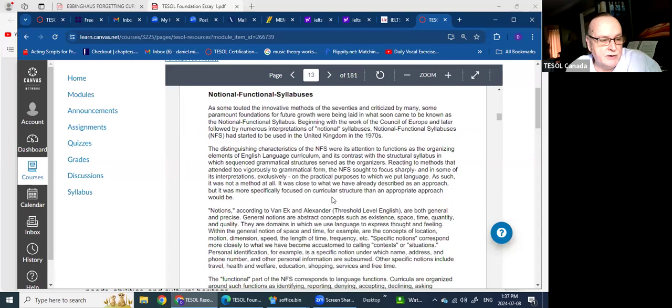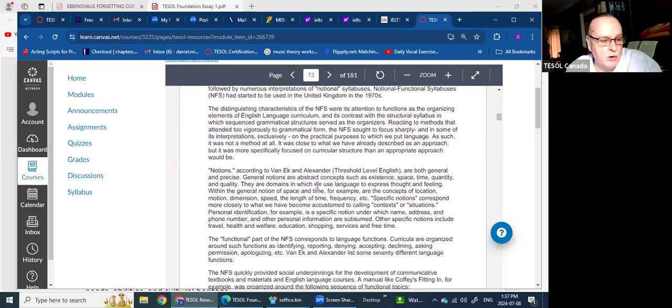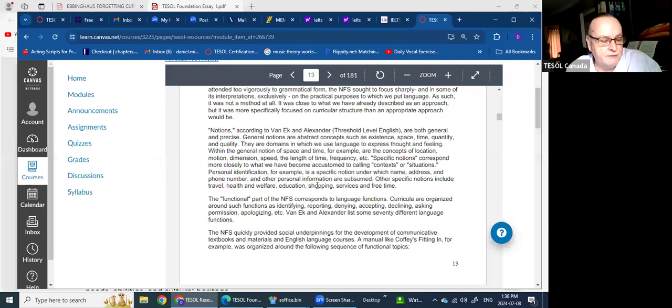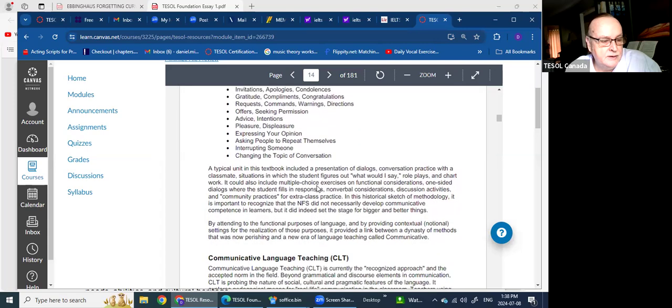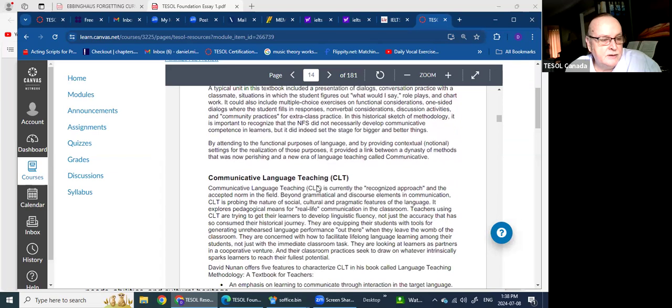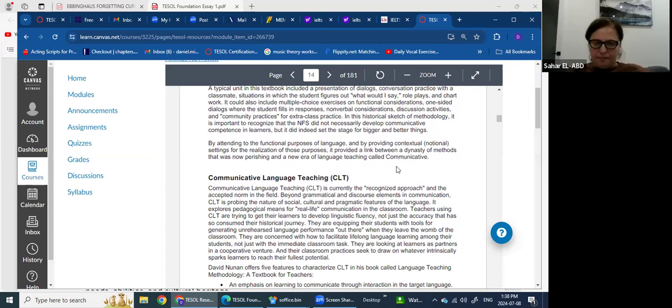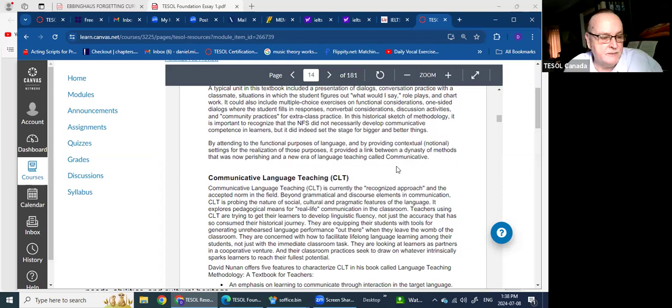These were based on categorizing words and phrases and parts of speech into different types of functions. But the notional functional syllabus was not even a totally effective method, and it led the way towards development of communicative language teaching.